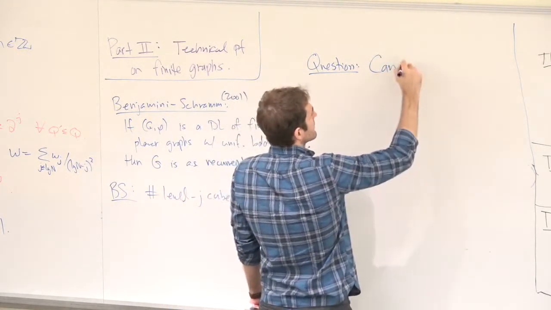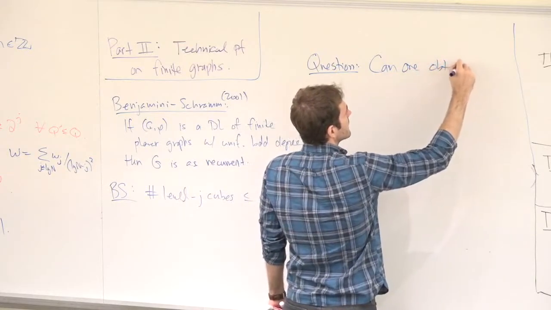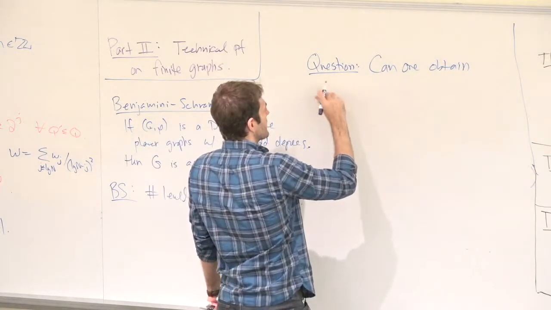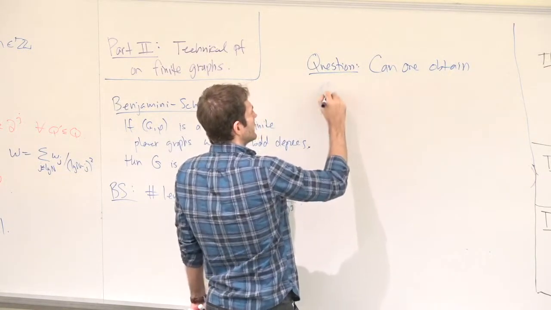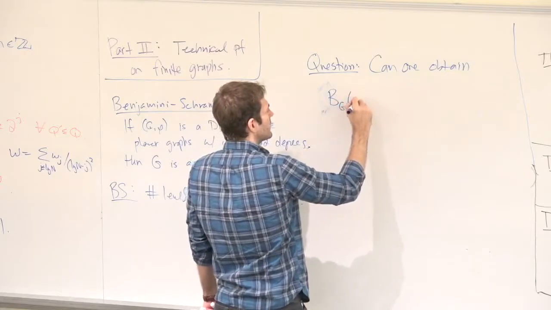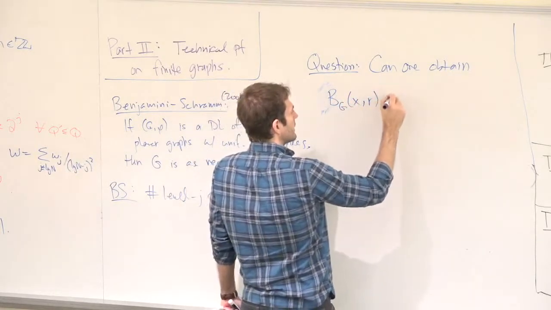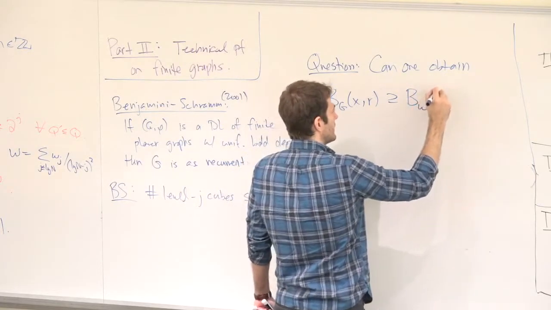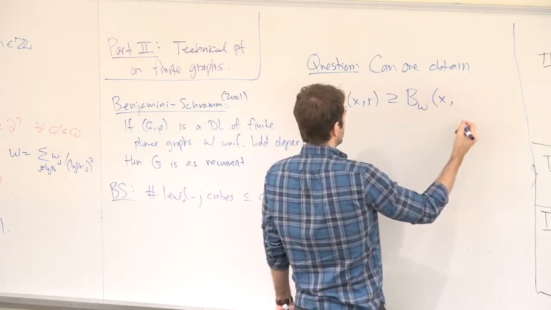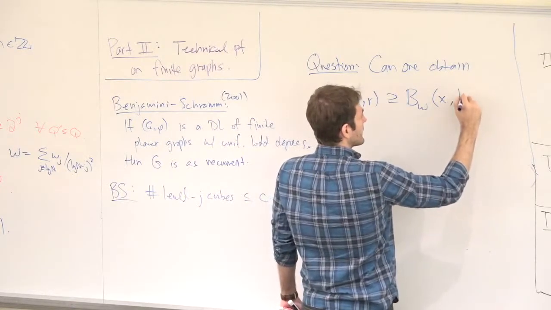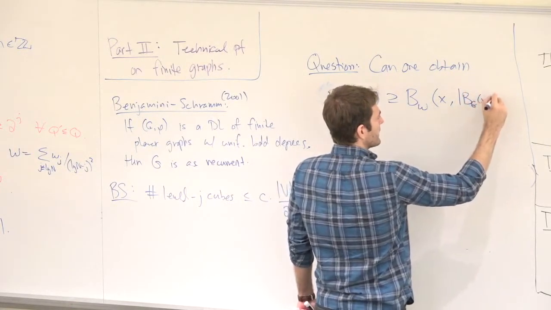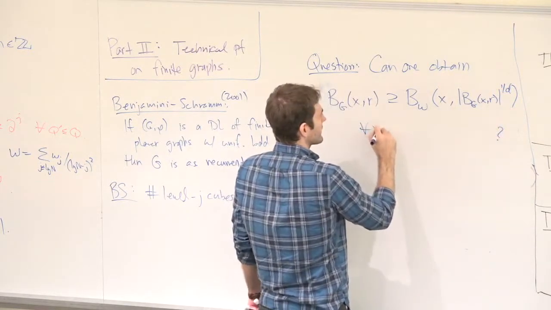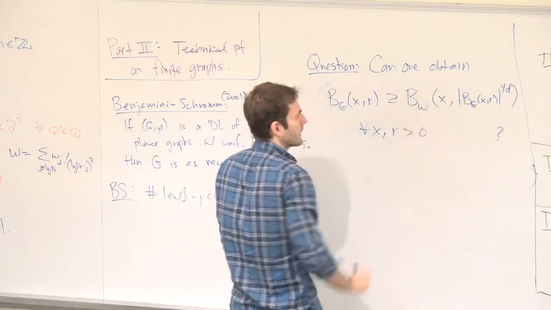So in this theorem, can one obtain the slightly stronger conclusion that the graph ball of radius r contains the omega ball of the correct radius, which is the size of the... Okay, so this is for all x and r.